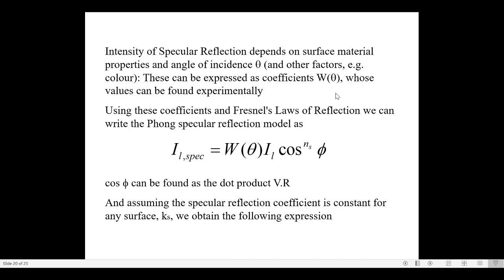So this can be expressed as a coefficient W theta. This W theta depends on the surface material property as well as the incident angle, and its value can be found experimentally.